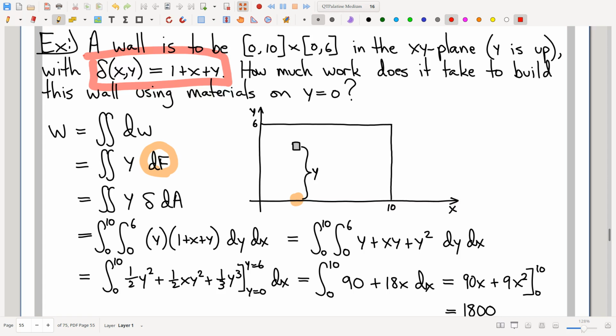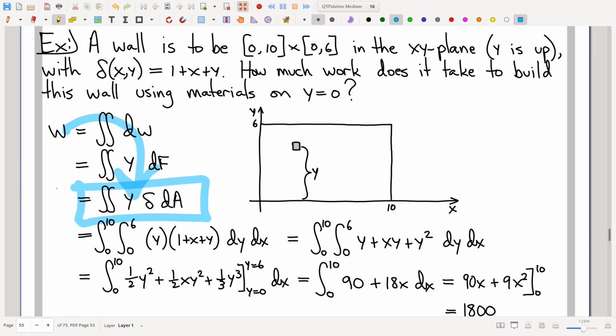And force then is force per unit area times the area that brick will take up on the wall. And so again, I've rewritten what had been an integral shorthand of a Riemann sum into another integral shorthand of a Riemann sum. Oh wait, this one's actually literally a double integral. So anyway, the punchline, this integral shorthand made it relatively easy to write down how I developed the work question into a double integral.